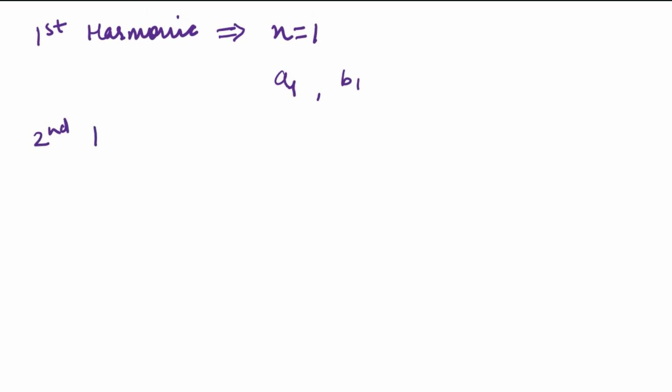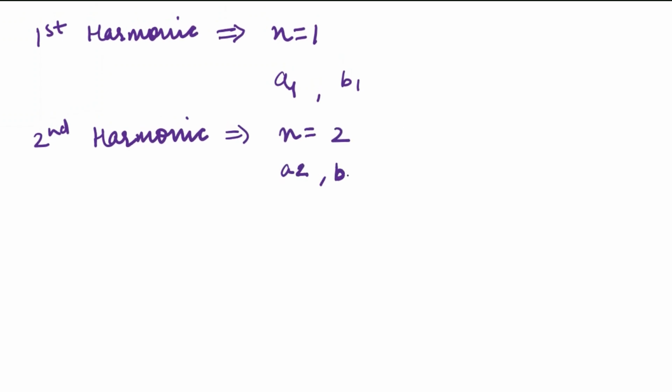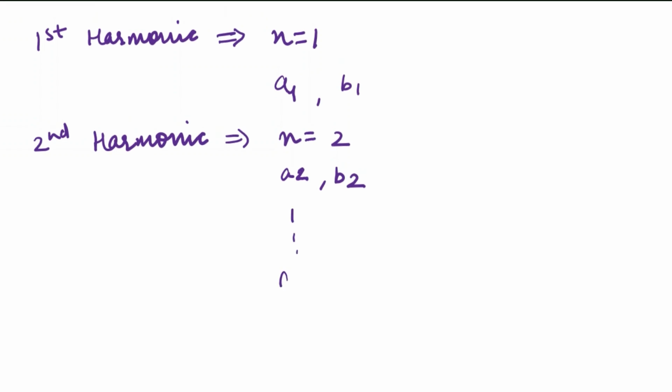For the second harmonic, n equals 2 and we will have two coefficients a2 and b2. And like that for the nth harmonic, we will have coefficients an and bn. So now we have to look for the lowest harmonic for which these coefficients an and bn both vanish.